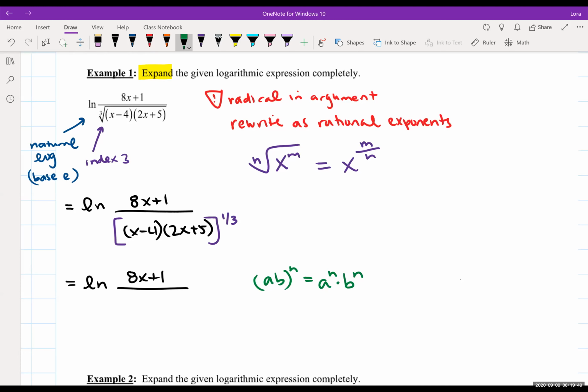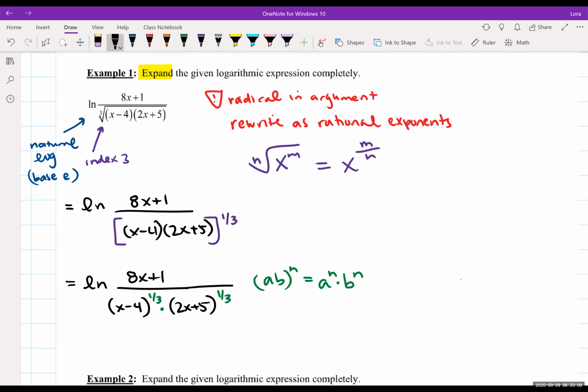So in the denominator of that argument, both of those factors are taken to the 1/3 power. So I can see that I have x minus 4 raised to the 1/3, that's still multiplied by 2x plus 5, also raised to the 1/3.